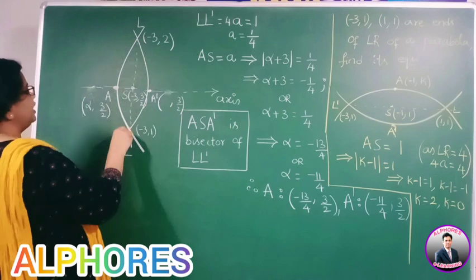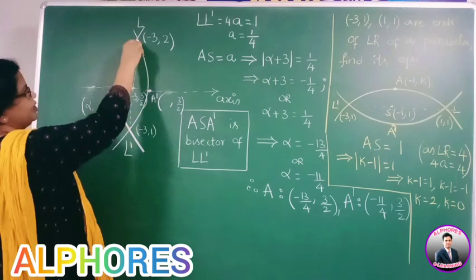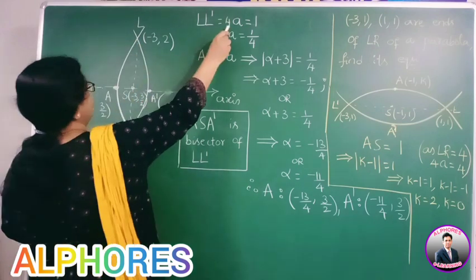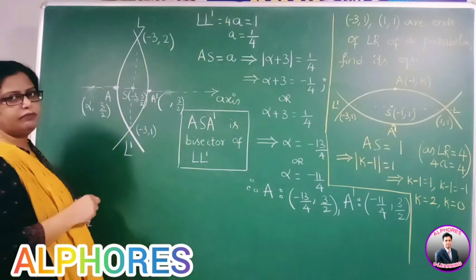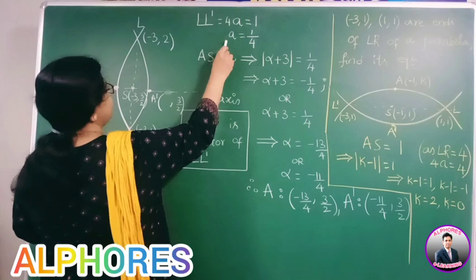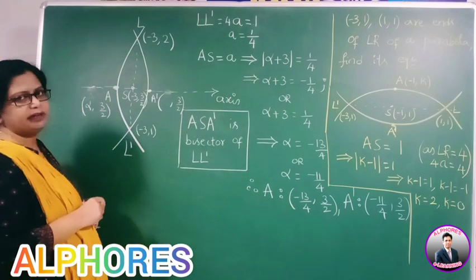You know the length LL dash is equal to 4a. In this problem 4a is 1 unit, and hence a is 1/4.